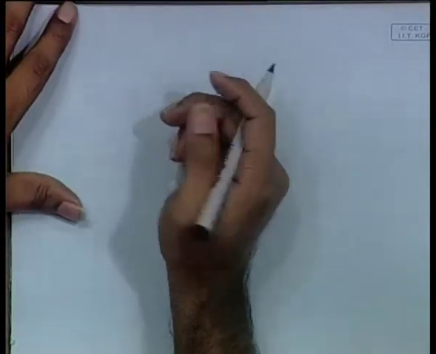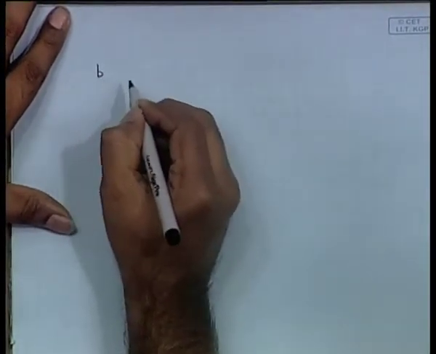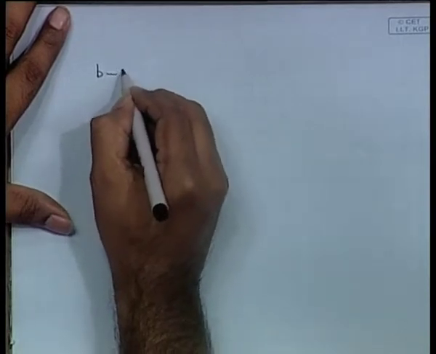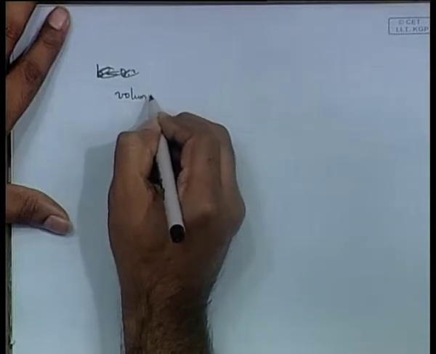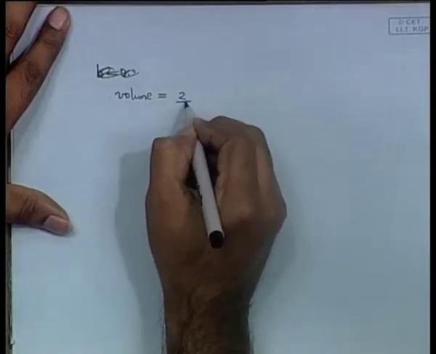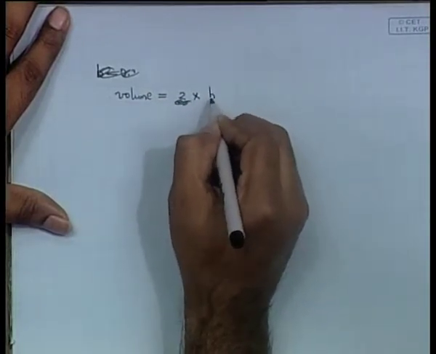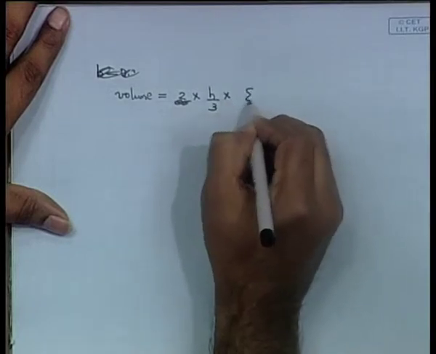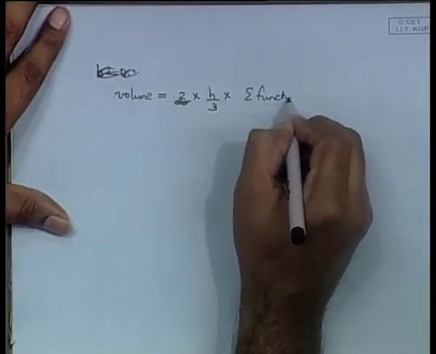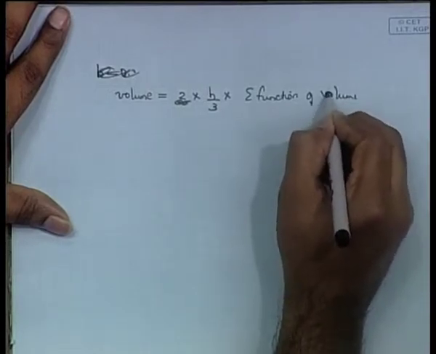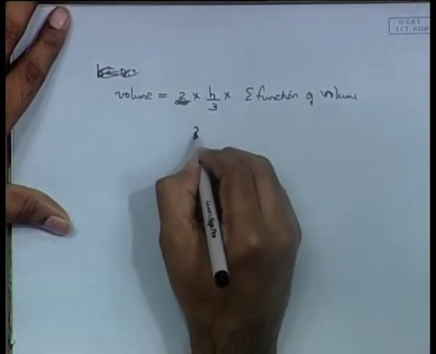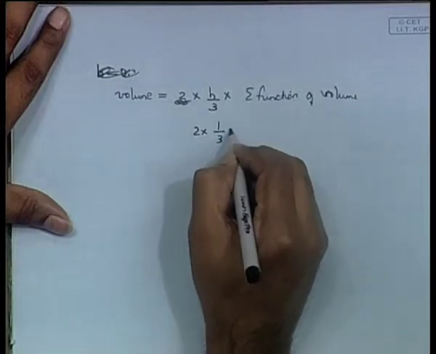So you do that, then you will get the volume equal to 2 into h by 3 into sigma function of volume. So 2 into 1 by 3 into whatever.